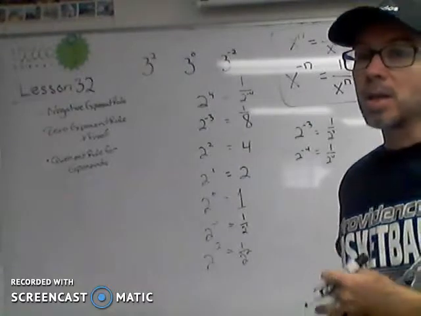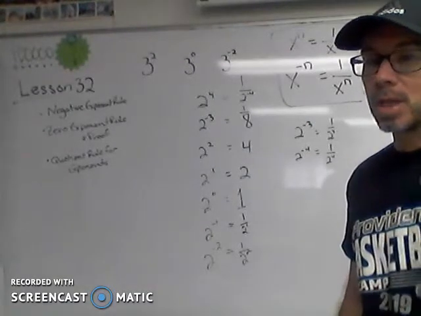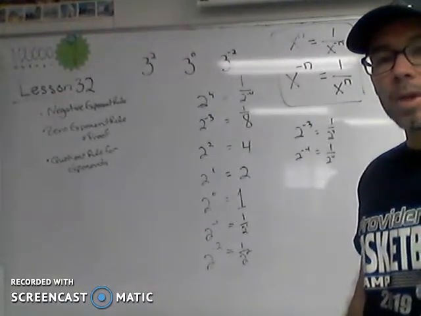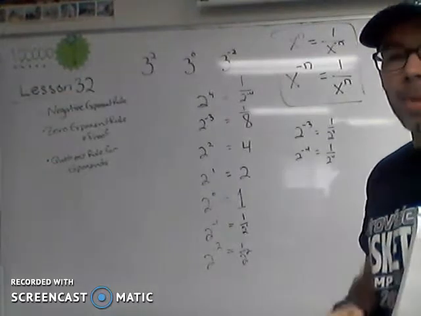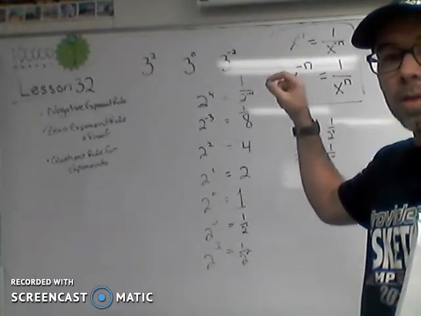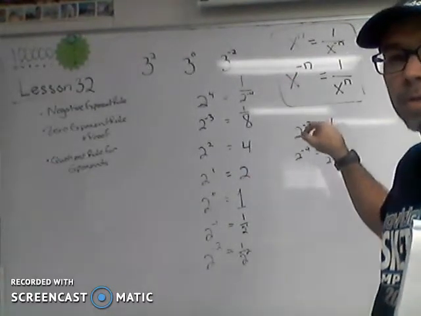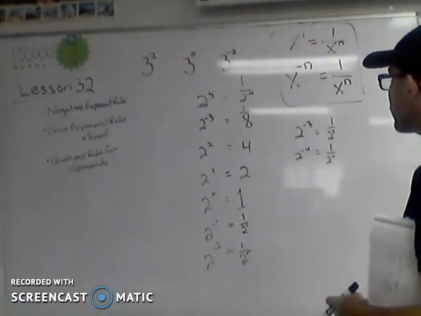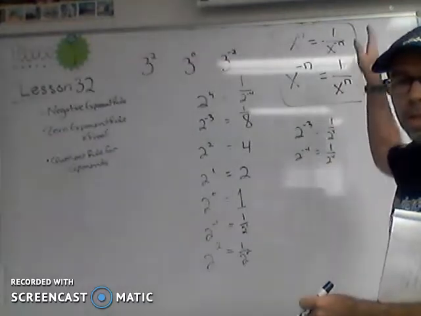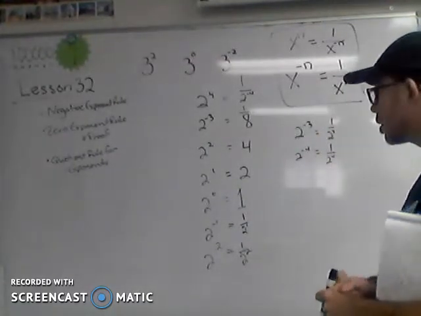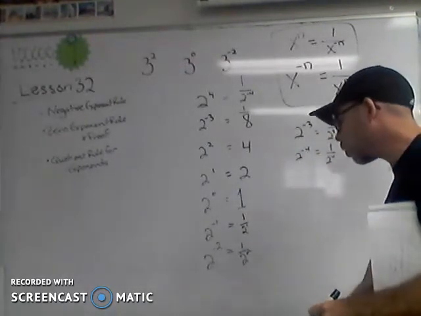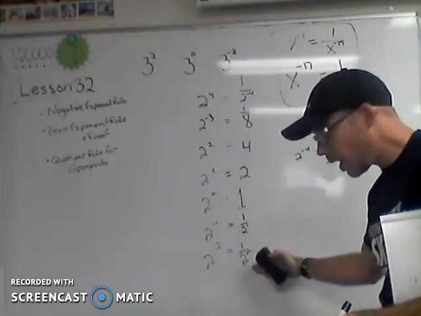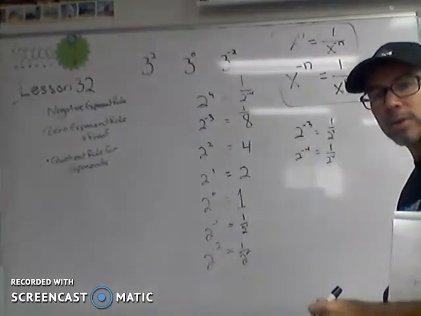They're just saying, well, hey, what if this was the case? What if that was the case? If I'm going to change the sign on that power, I have to put it either in the denominator or I have to switch it back up to the numerator. I can do either one. You'll see why we have the second version of that in a little while. So there's our first rule, just based off of this pattern of powers of 2.